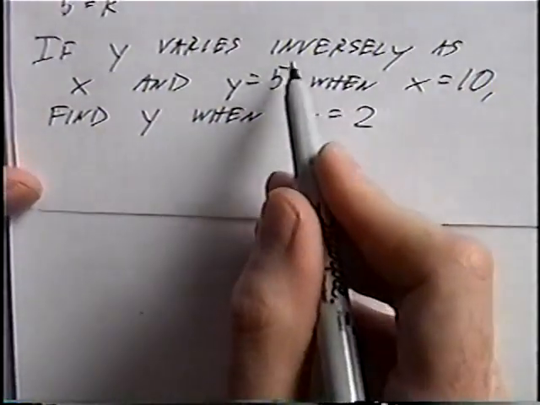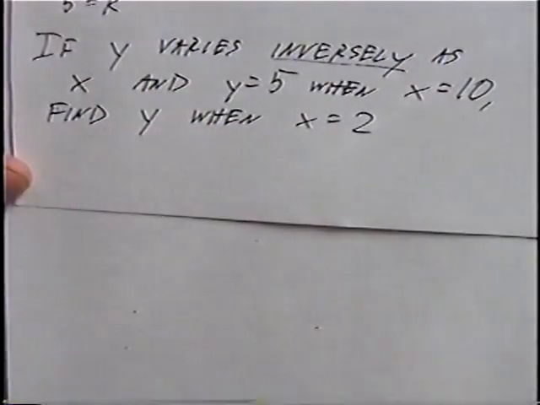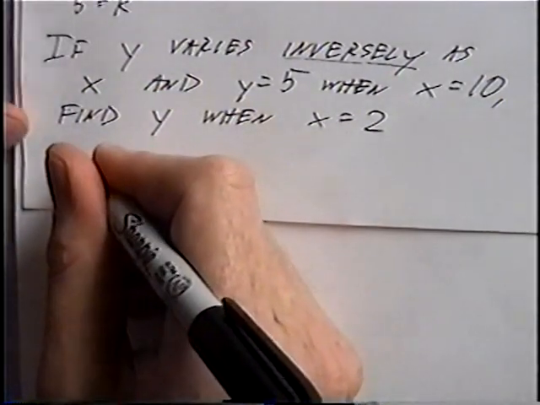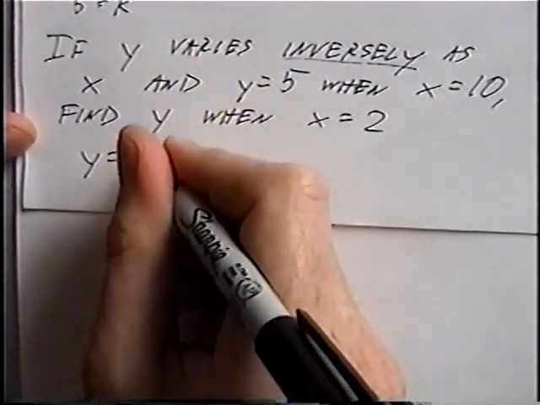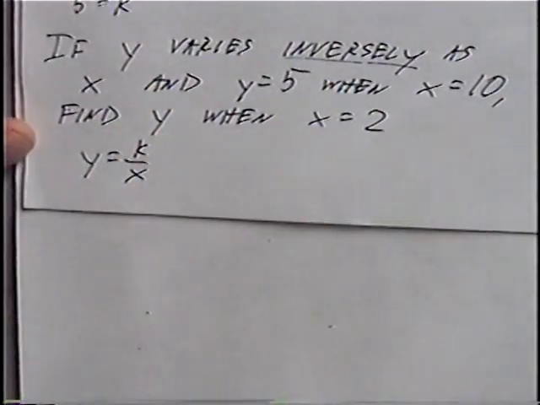So again, y varies inversely means we'll use the inverse equation, which again is y equals k divided by x.